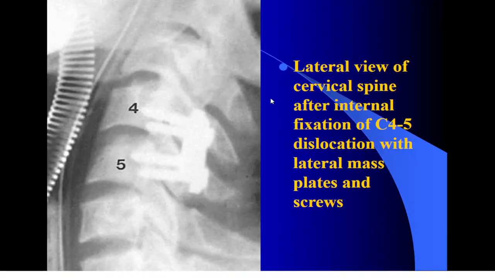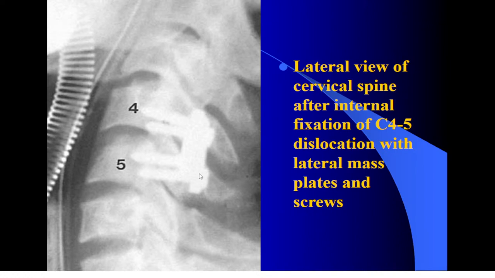Another method which we can use is so-called transpedicular screw fixation. It looks like screws which you put through the pedicles of the vertebrae inside the bodies, and after that we connect the heads of the screws with rods, titanium once again or stainless steel rods. So the main idea is to make a frame which will hold two vertebrae together.